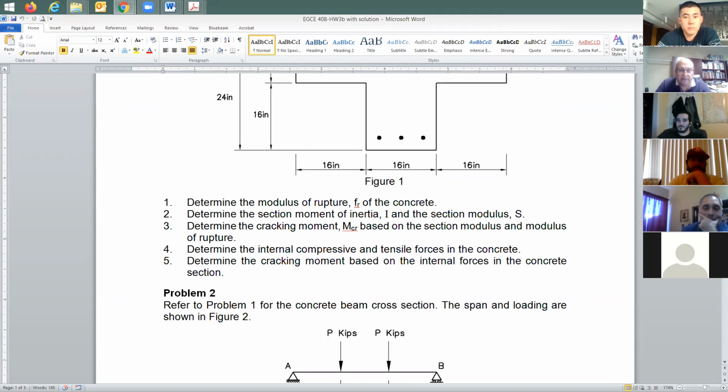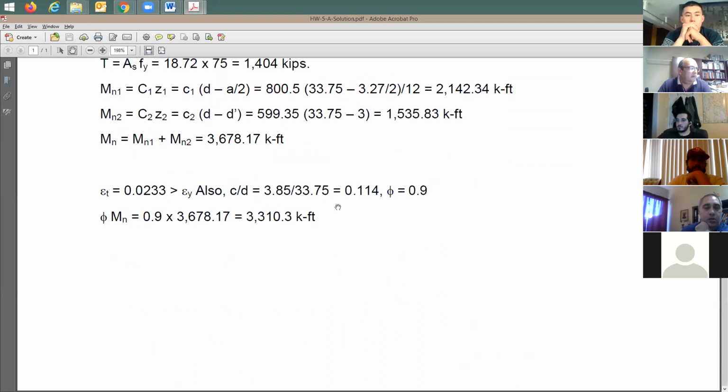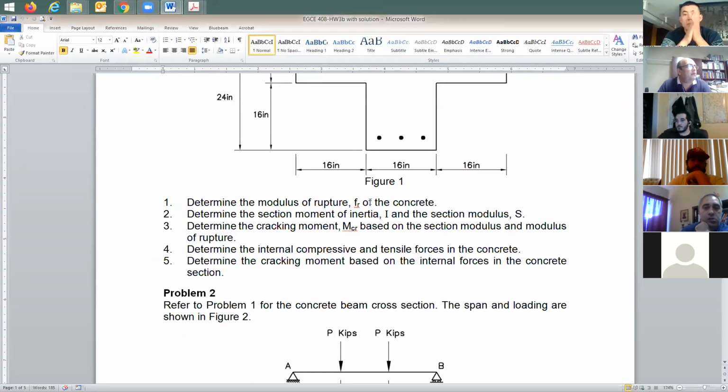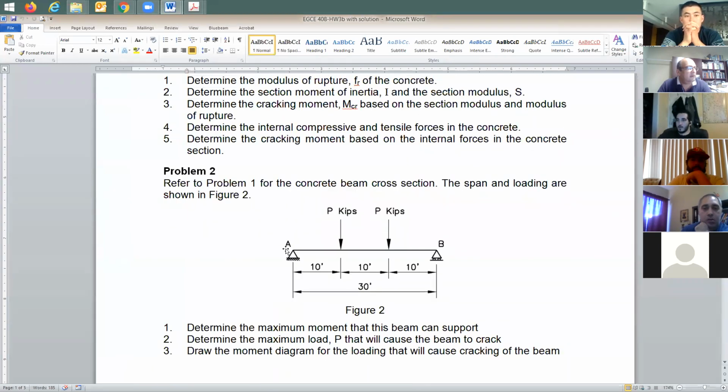So which one do you have already on Canvas? The last one that was assigned over the weekend is on there. 5A, right? That one's there. If you have this one, this should be a very comprehensive one. How about this one here? Because it has modulus of rupture and the cracking, right? I don't think that one's on there.